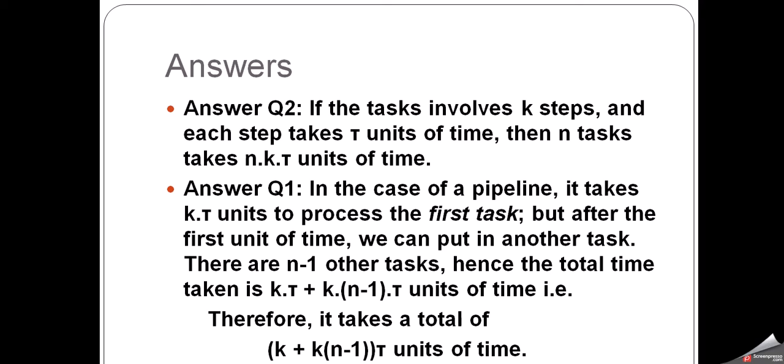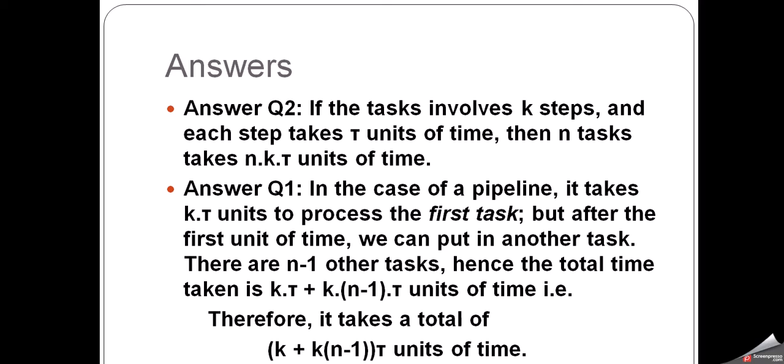But after the first unit of time has finished, we can simply put another task into the pipeline, because if you think about it, at time 1, the first task is now about to move to stage 2, and logically I can put another task into the first hardware stage.